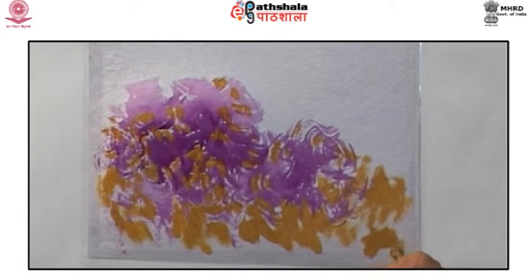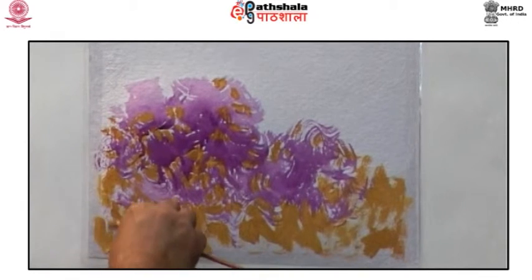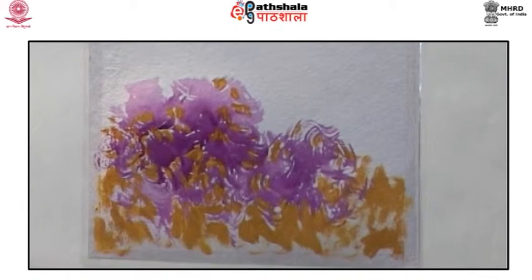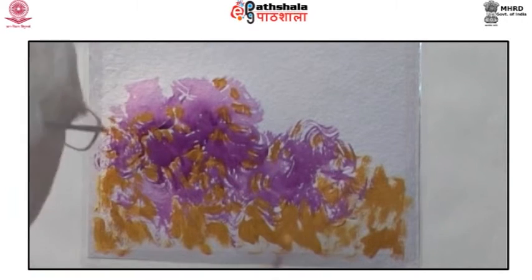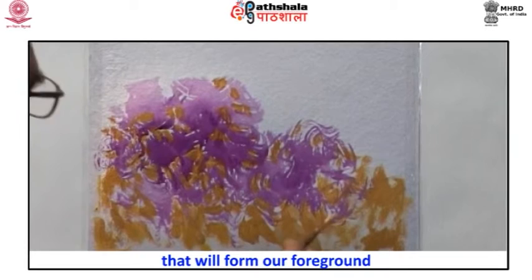Keep moving downwards with yellow patches and paint more yellow in the lower area. That will form our foreground.